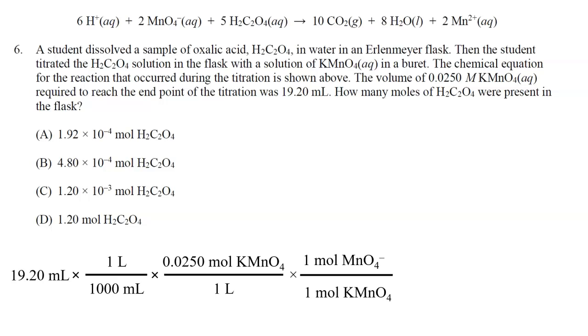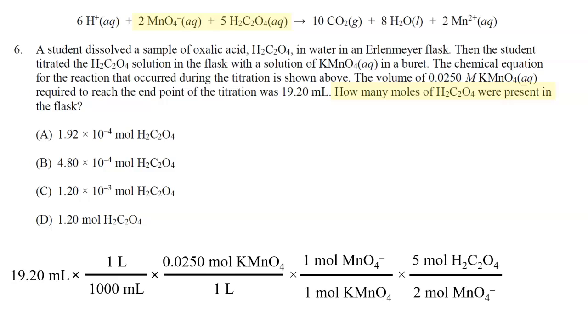Now, the last sentence is, how many moles of oxalic acid, H2C2O4, were present in the flask? Let's use the coefficients from the balanced chemical equation to convert from moles of MnO4 minus, permanganate, into moles of oxalic acid, H2C2O4. So looking at the coefficients, 5 moles of oxalic acid are consumed for every 2 moles of the permanganate ion.